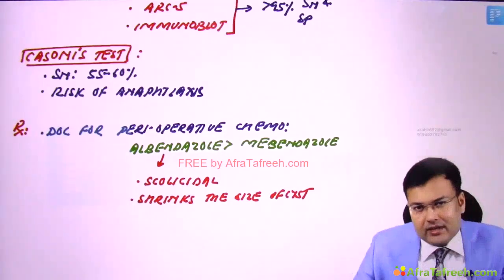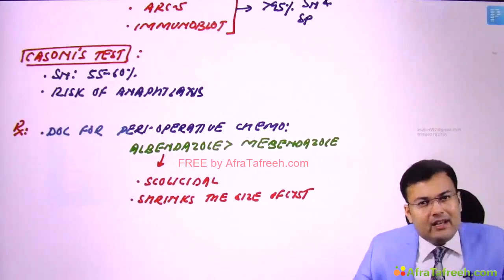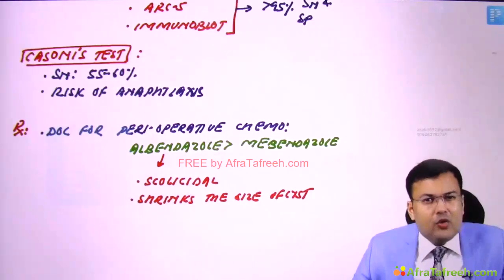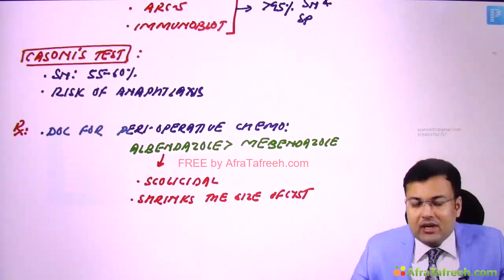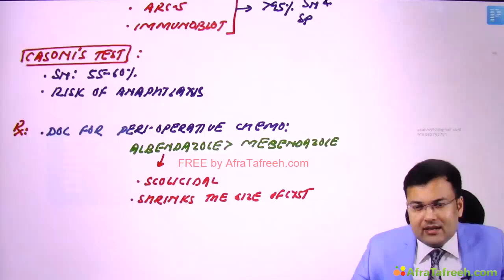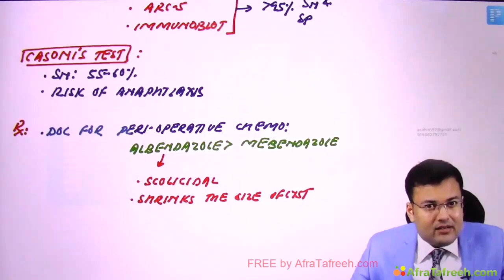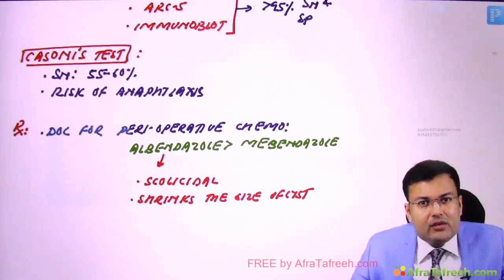Now suppose there is a rare situation in which an elderly patient has lots of comorbidities and simultaneously has hydatidosis or hydatid cyst. In that case surgery is a bit difficult and dangerous, so we just go for albendazole. Clear?